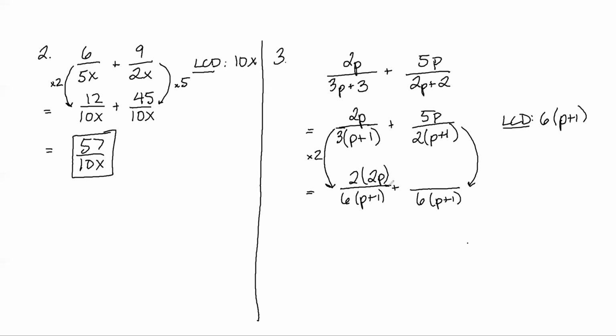I'm going to make the steps a little bit longer, but if you wanted to put 4p right there, you could. And then our second one, we have the p plus 1 again, but we're going from 2 to 6, so we multiply by 3. So we're going to have 5p times 3, or 3 times 5p.